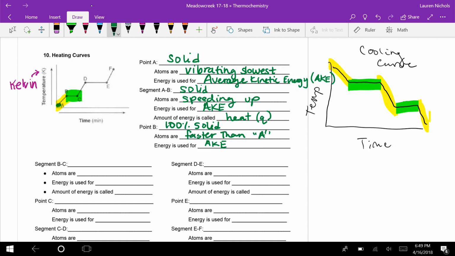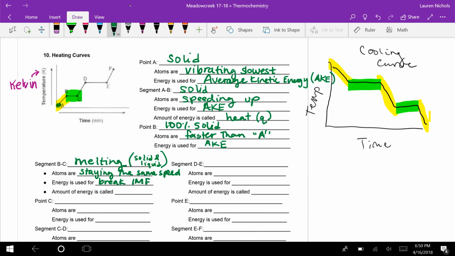In segment BC, this is when you have melting occur, okay? And so you are going to have solid and liquid present. During this phase, we see that the temperature remains constant. If the temperature does not change, the atoms are staying the same speed, which is what we talked about in the last question of the previous video. And so that means energy is being used to break intermolecular forces.